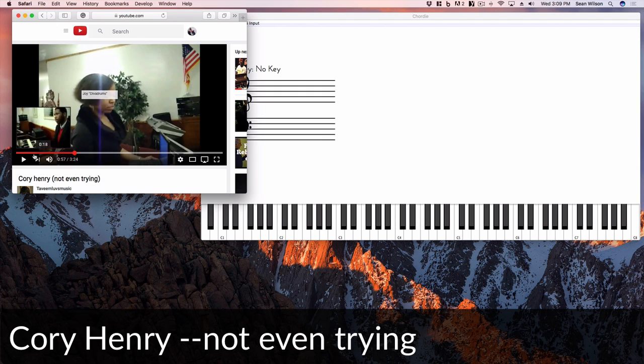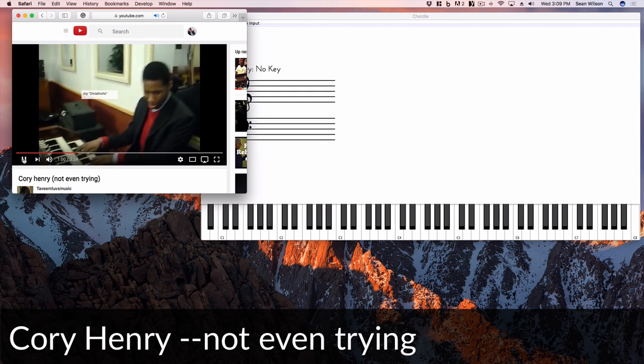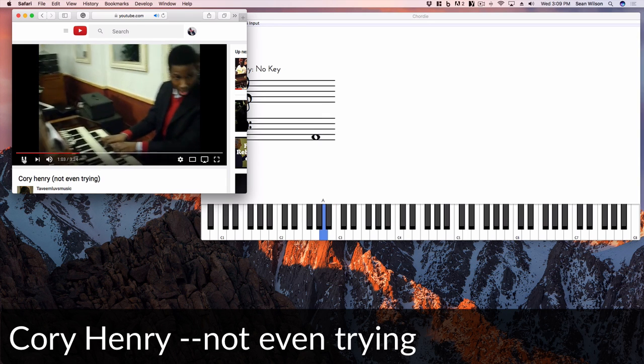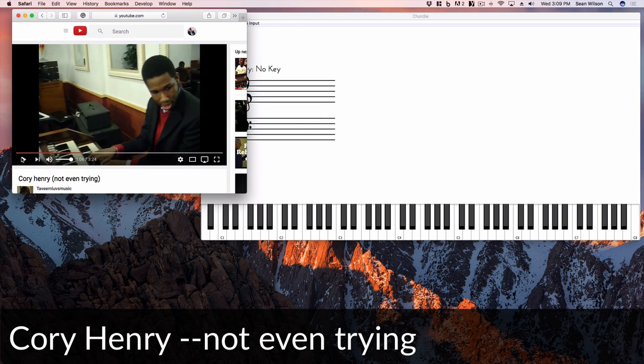Okay, so that helps me know what those chords are. See, so it's a temporary. He's playing with the harmonics.